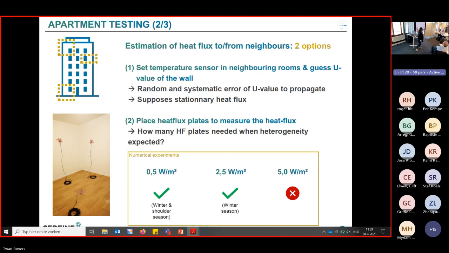But as soon as the heterogeneity grows, from the upper boundary chart was 5 watt per square meter, we'd have an uncertainty so large that it would just mean nothing.